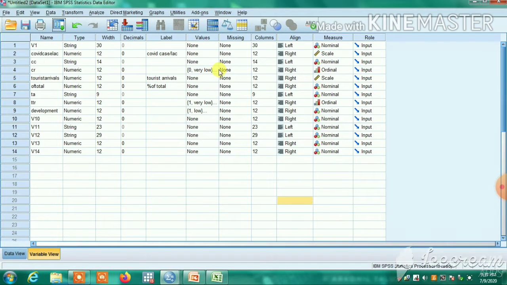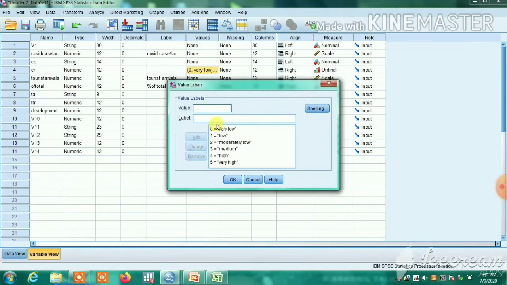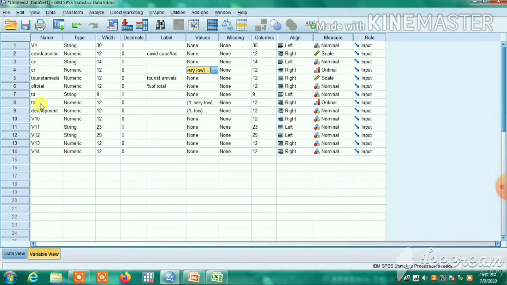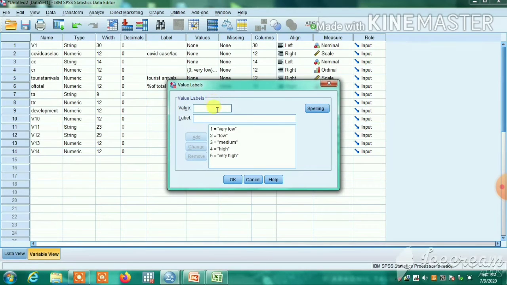now in the values we have to classify in this way: put 0 for very low, 1 for low, 2 for moderately low, 3 for medium, 4 for high, and 5 for very high. Similarly for TTR, that means the tourist arrival variable; the COVID case variable is the previous one. For the tourist arrival variable, it is also 1 for very low, 2 for low, 3 for medium, 4 for high, and 5 for very high.